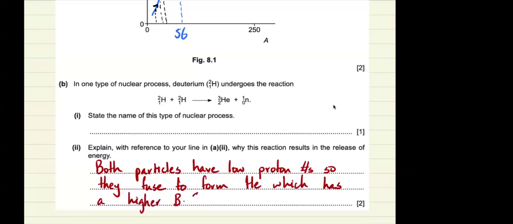Because this is the measure of stability. So it has a higher binding energy per nucleon, so it's more stable.